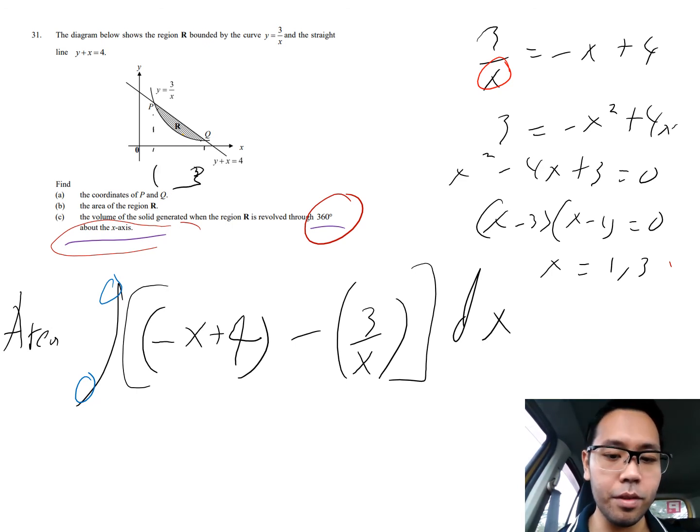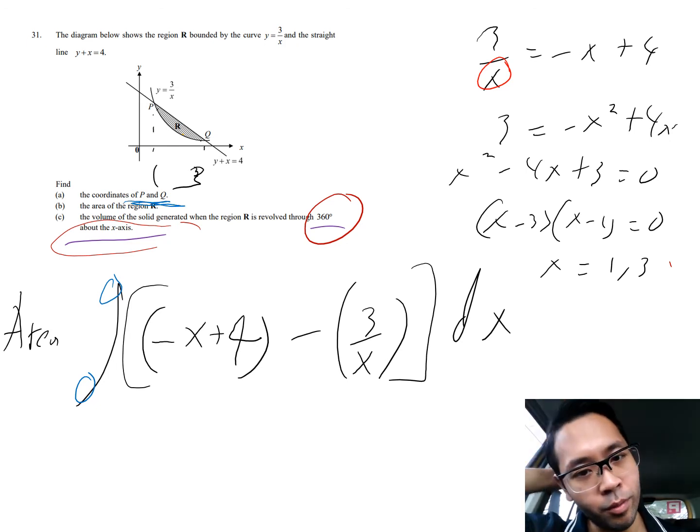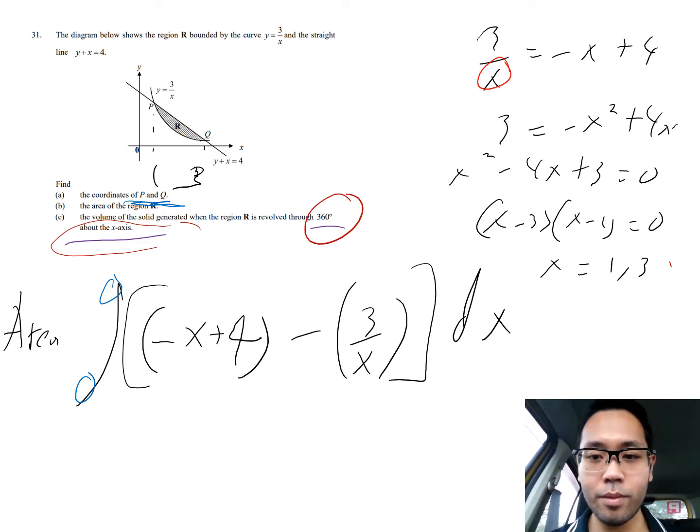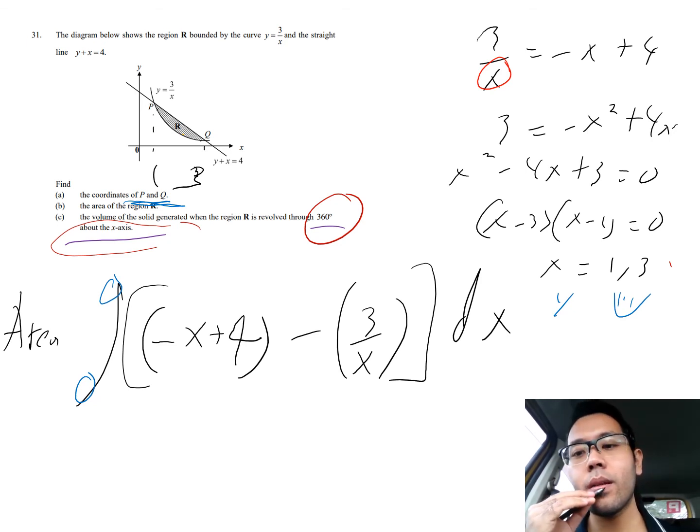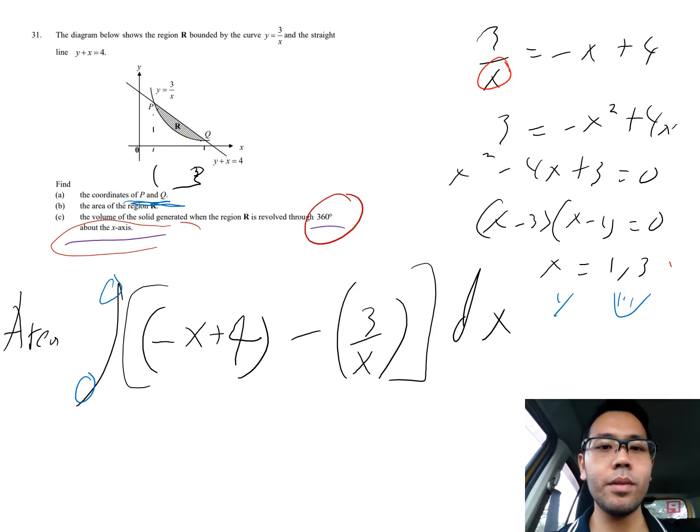If you're trying to solve the first part of A, they ask for the coordinates of P and Q. Then you need to be careful. You need to find it out. So the coordinate, just substitute the value of y. There are many ways to find it. Doesn't matter.